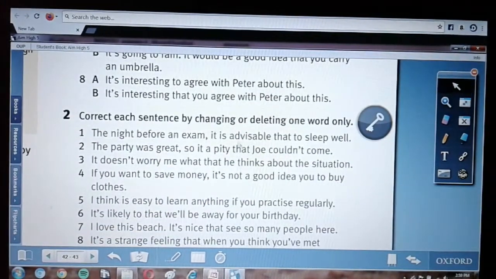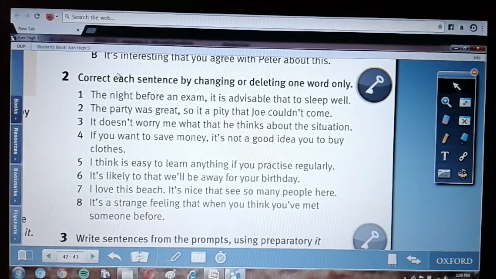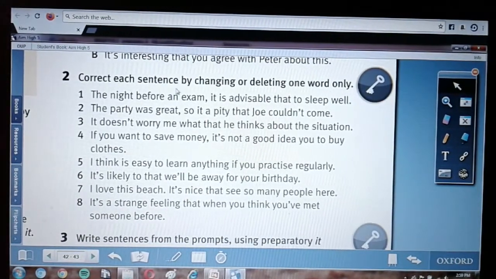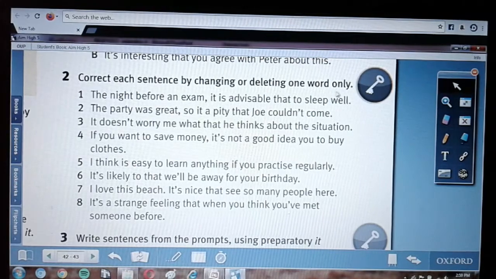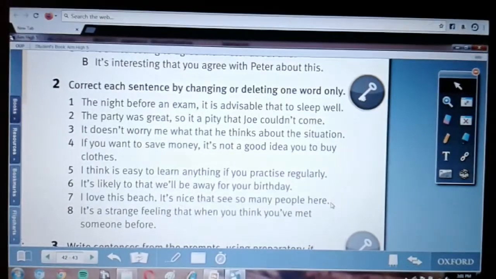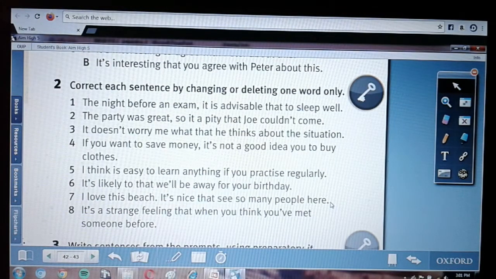After that, moving on to the second part, you have to correct each sentence by changing or deleting one word only. I'll give you an example. Number 1. The night before an exam, it is advisable that to sleep well. So, shall we change one word or delete one word? For number 1, we need to delete one word only.